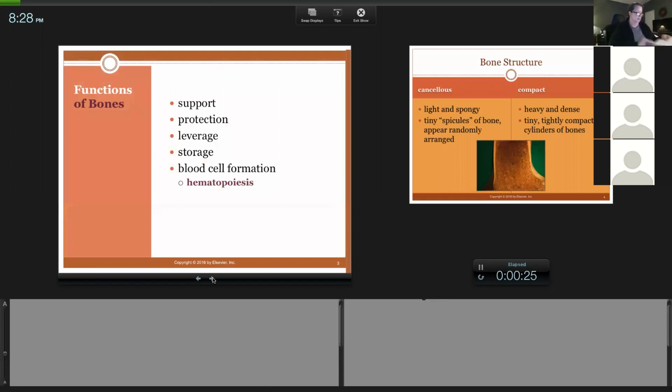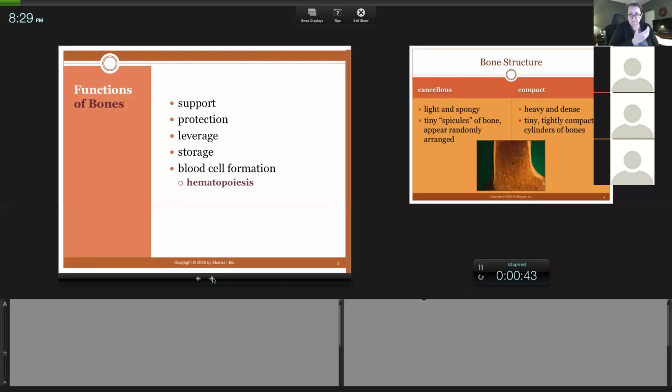Let me get out my study guide too. I have on the study guide the functions of the bone. So be able to tell me, usually I ask for 2 or 3 of these. What are the functions of the bones? Any of these would work.